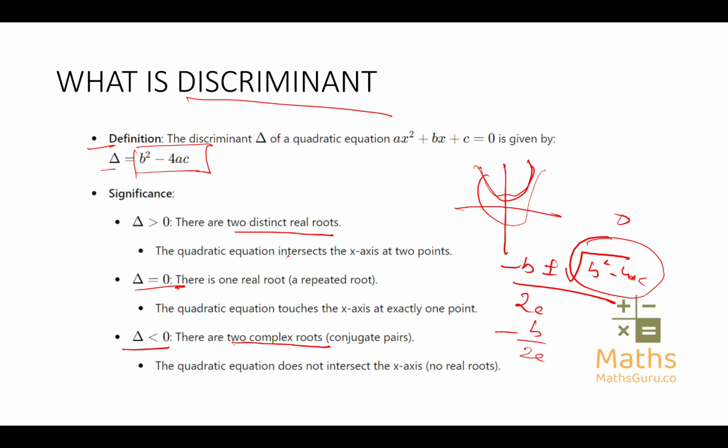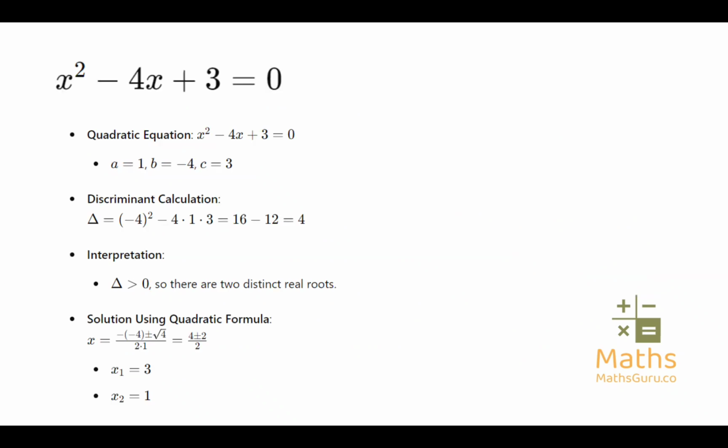Let's see a few examples. Let's take x square minus 4x plus 3. Here a is 1, b is minus 4, and c is 3.